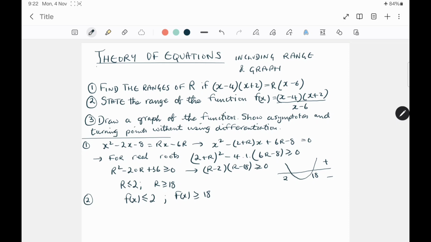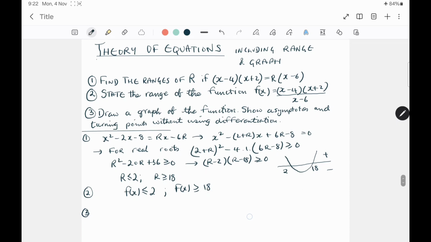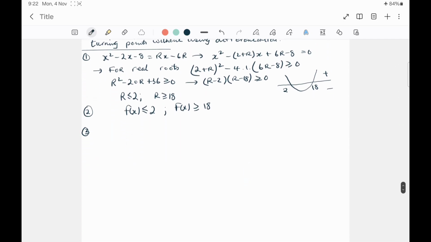That should be fairly transparent. The third part, drawing the function, let's graph. Well, this will take a little bit of time. So let's see. There. So this is the graph of f(x), or y if you like, to make it easier, more familiar. (x - 4)(x + 2) over x - 6.